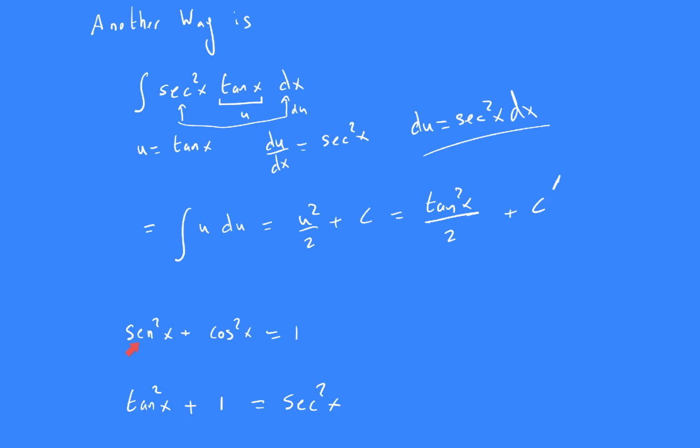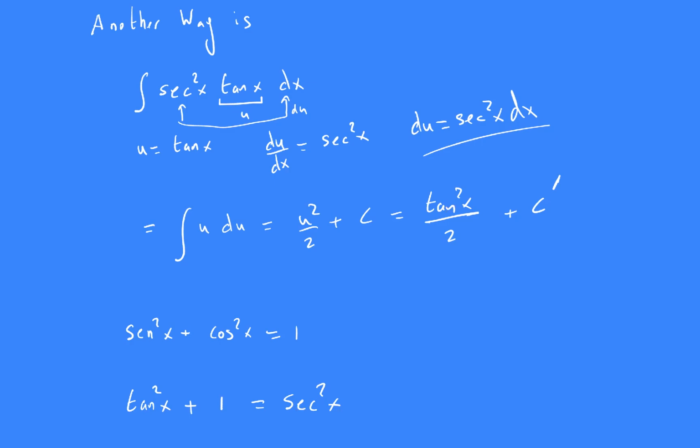If you divide the fundamental trigonometric identity by cosine square of x, sine square of x divided by cosine square of x will be tangent square, and cosine square of x divided by cosine square of x will be 1. And 1 divided by cosine square of x is secant square of x.